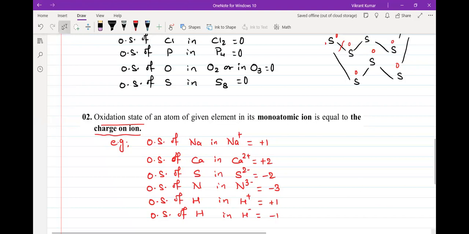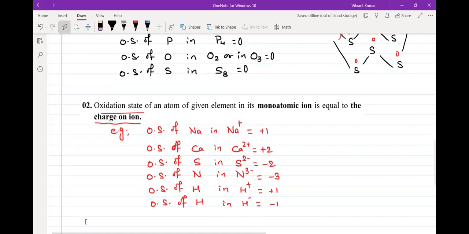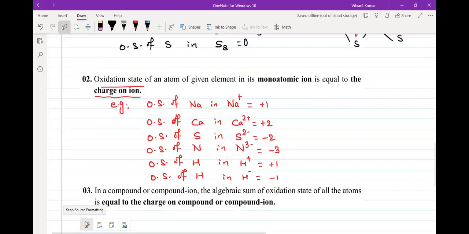Understood so far? Now the third rule is about a compound or a compound ion. What do you mean by that? I already showed Cr2O7 2-.